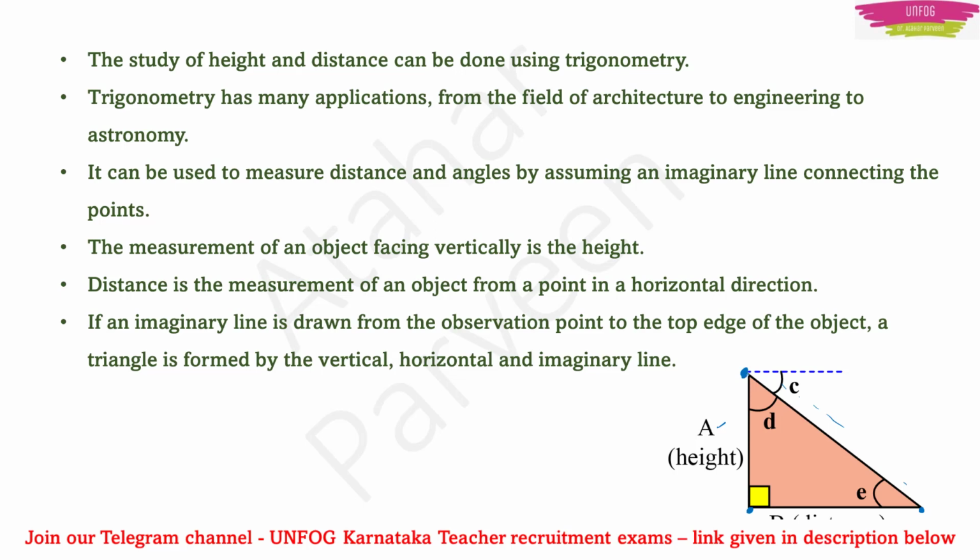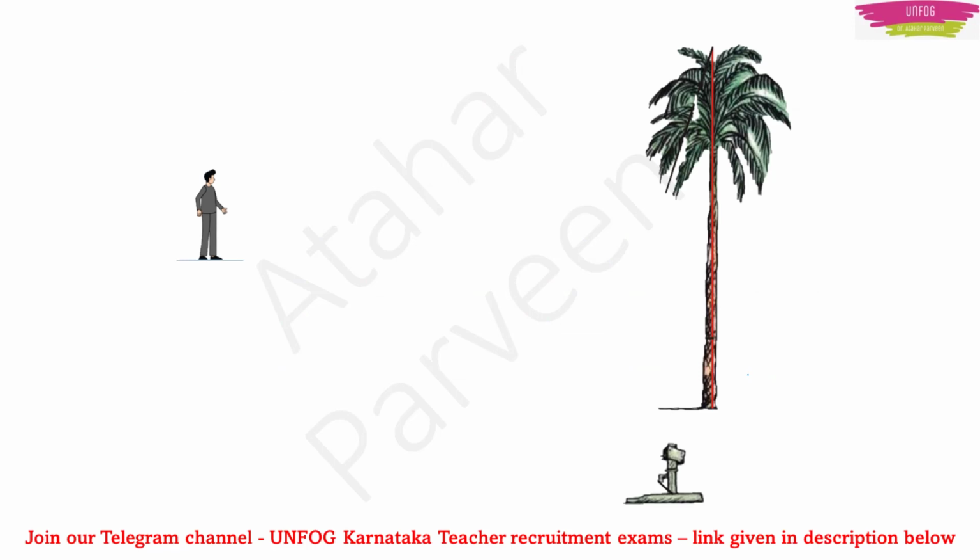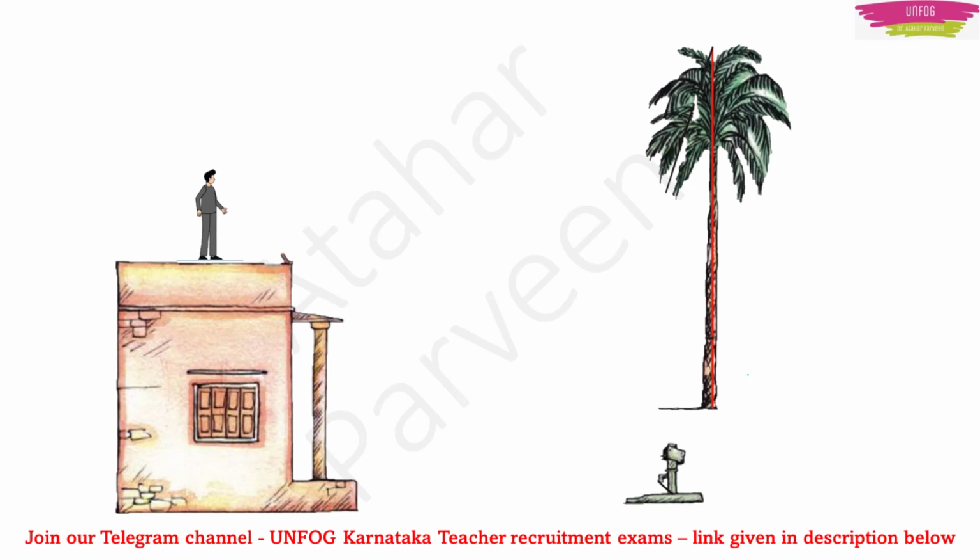Imagine that you are standing somewhere and there is one long tree and there is one short borewell, and you want to look at both of them. Now the twist in the story is that you are standing on the roof of your house. If you want to see the tip of the tree, the end point, the top of the tree, then you will lift your head up and you will see, right?